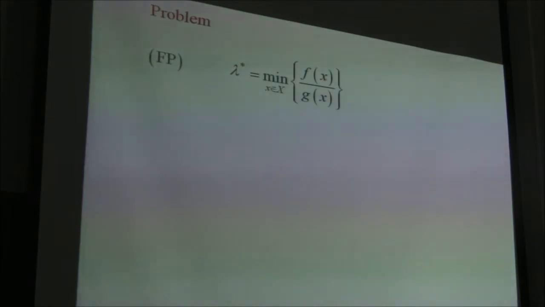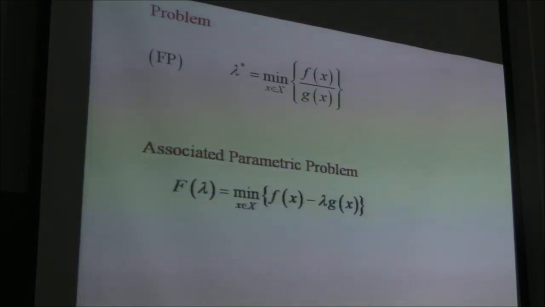Associated with this problem, we have the following parametric problem, obtained as follows. You specify different values of lambda, and you take the difference between the numerator and this scalar times the value of the function at the denominator.